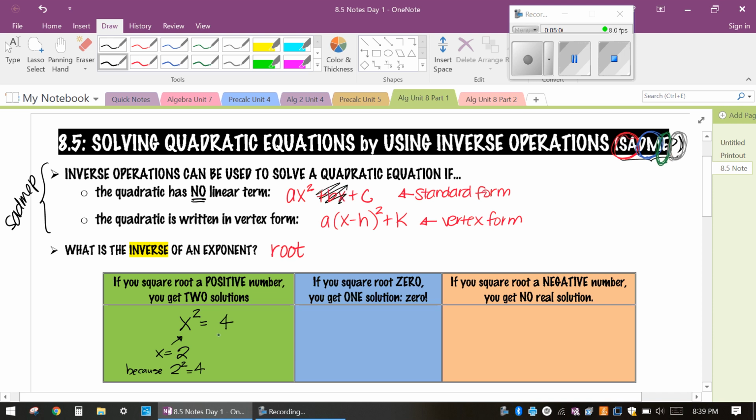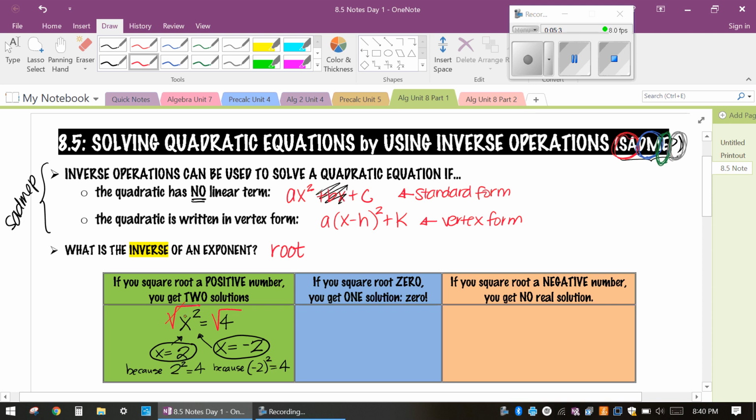But there is also another answer. x can also be negative 2 because negative 2 quantity squared is also 4. So technically, when you have x squared equals a positive number, which is what we're going to do today, you can square root both sides.